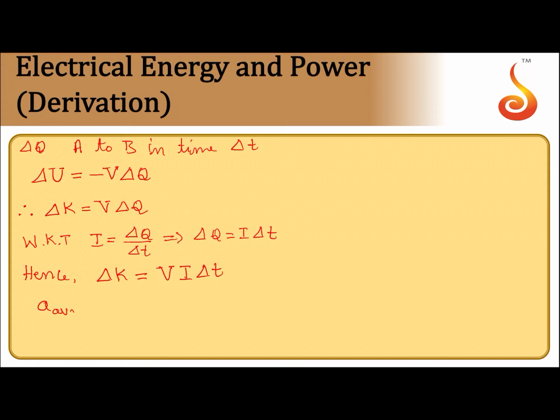Because of this, they arrive at a constant speed called drift speed. So average acceleration is 0, which means the velocity of charges cannot increase. When velocity cannot increase, kinetic energy cannot increase. So there is no increase in kinetic energy, because they arrive at the drift speed.